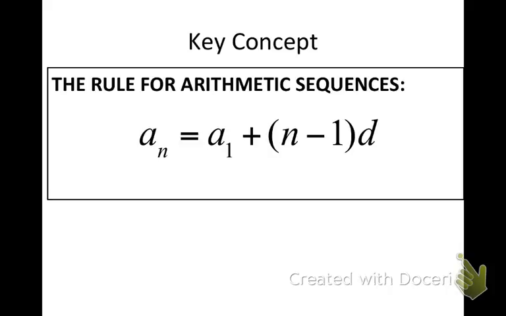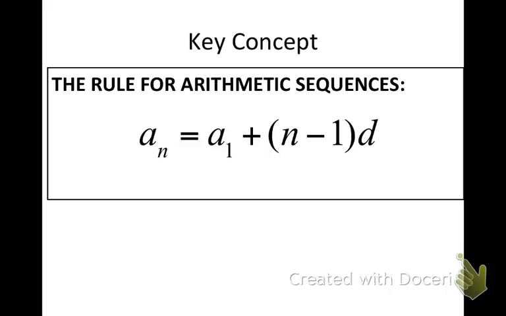What does the a sub 1 stand for? The first term of the sequence. So you take that first term of the sequence, whether it's 3 or 1 or 10, whatever your first term is goes here. Why do you think we do n minus 1? What does this n stand for again? This n and this n are the same n. What does it stand for? Unknown term. Good. So the unknown term we're looking for goes here, minus 1.